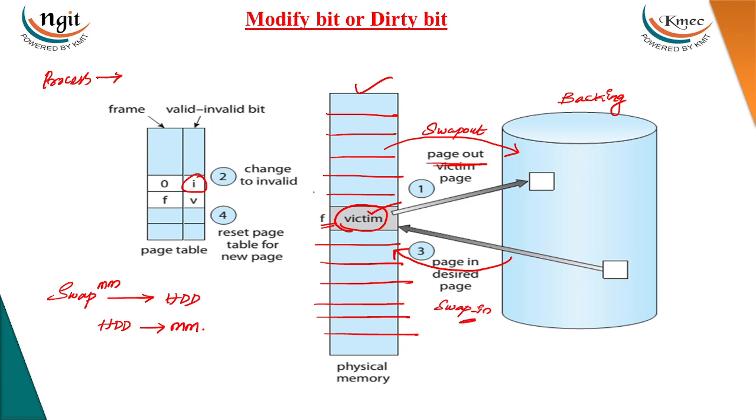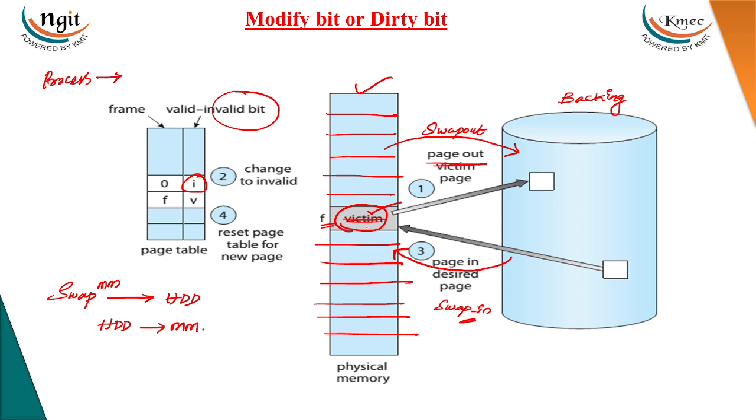So first we need to find one particular victim page, and transfer that victim page from main memory to hard disk, so that this page frame will be free. Then the new page that is referenced will be transferred from hard disk to main memory.